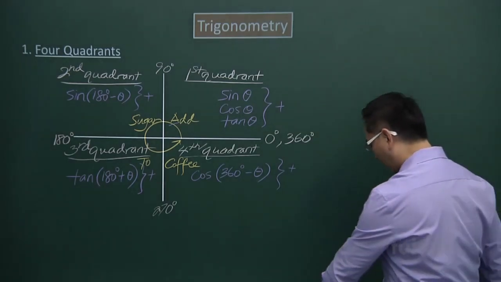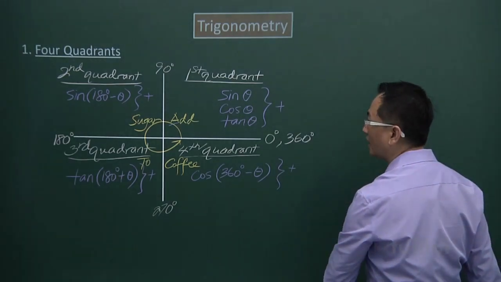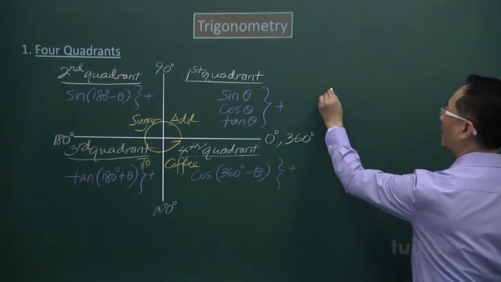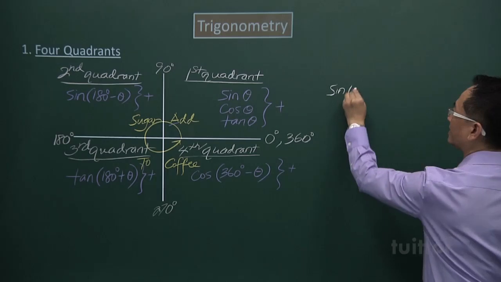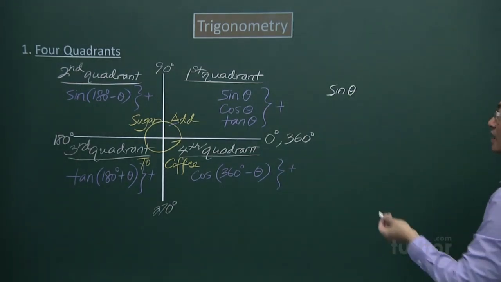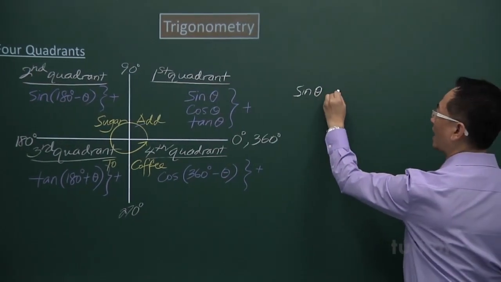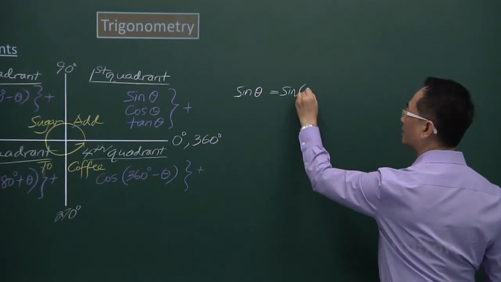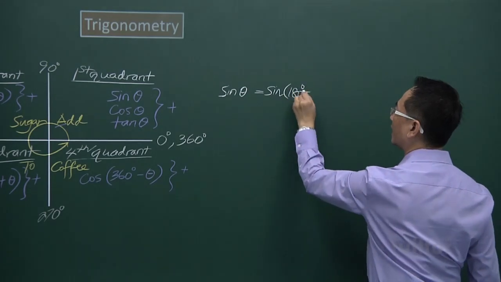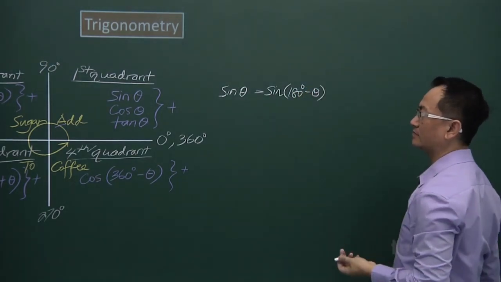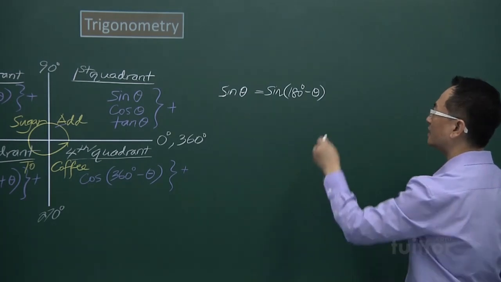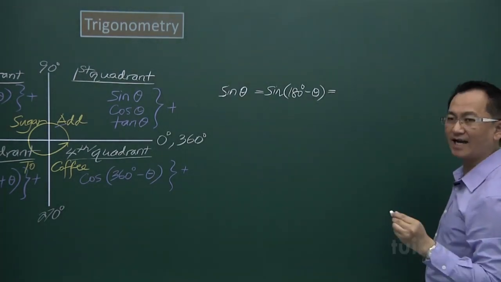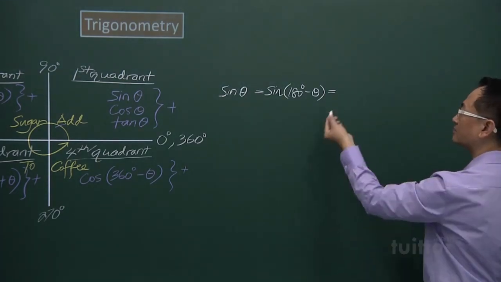So the conversion that I'm looking at out of this is if I have sine theta, the value would be the same as sine bracket the second quadrant angle. However, the sign will be different for sine 180 plus theta.